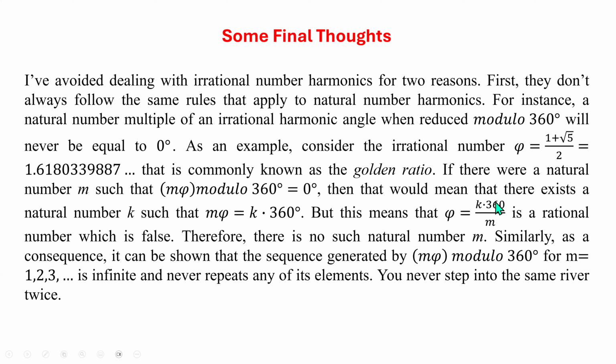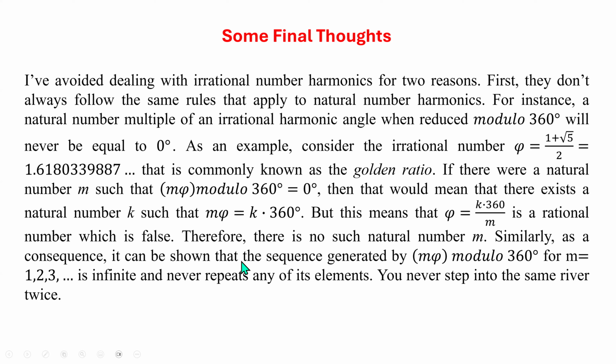We have a natural number in the numerator, a natural number in the denominator. That's a rational number, and this can't happen because phi is supposed to be irrational. Therefore, there is no such natural number m that makes this happen.